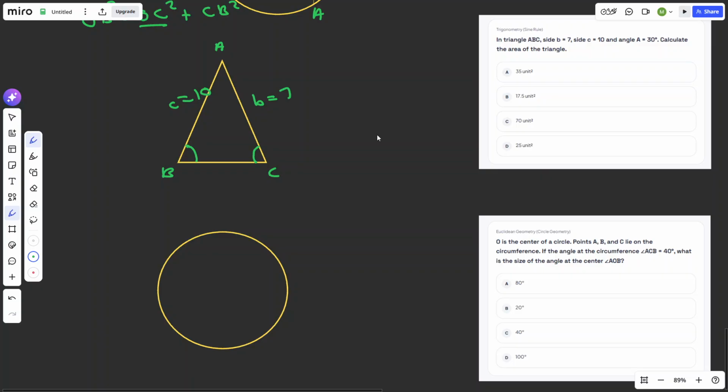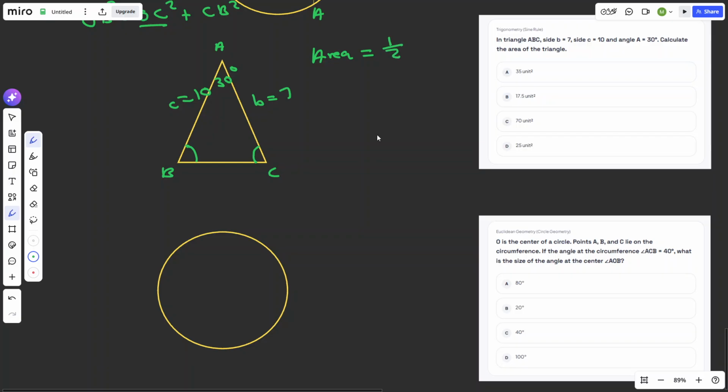So now what we want to find is the area of the triangle. Another thing we are given is the angle here, which is 30 degrees. So we are given 2 sides and an angle, and we want to find the area. There's this formula that I'm sure a lot of you are familiar with.